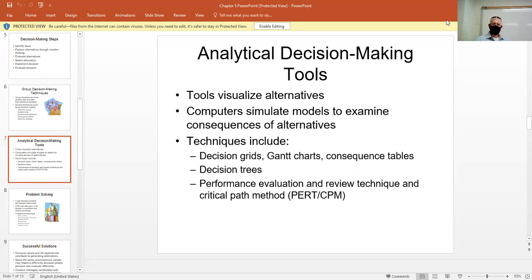So, analytical decision-making tools. There's some tools out there that visualize alternatives. And the tools that we use for that are a lot of times computers, because computers are smarter than we are most of the time, and they have formulas that are put in, and they can run things and spit out answers that our minds can't even think about doing. They can simulate models to examine the consequences of alternatives.